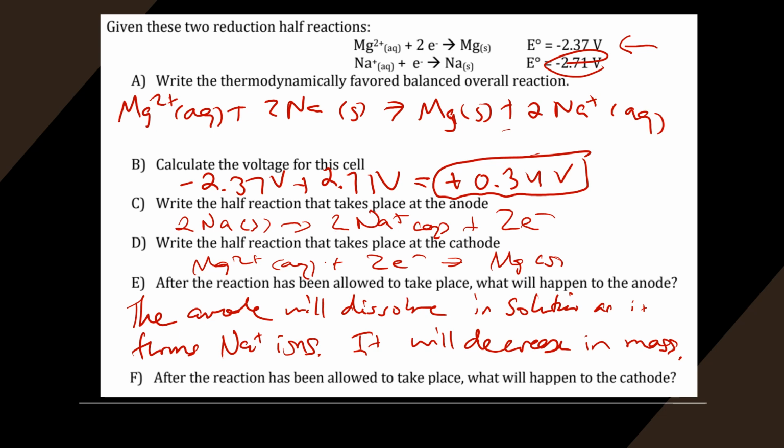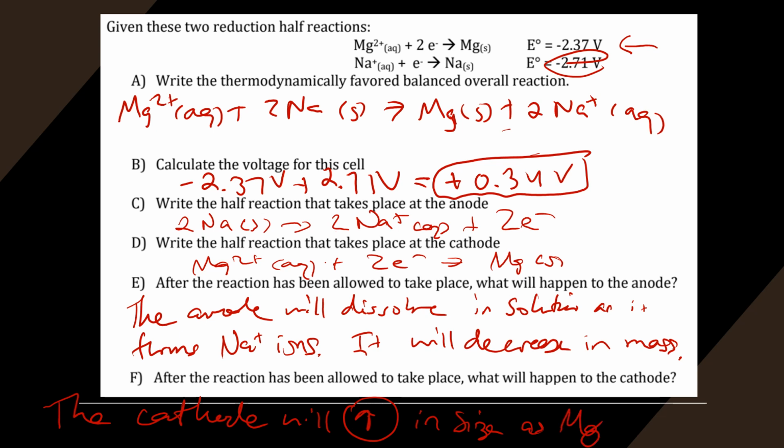According to this reaction, at the cathode reduction we form magnesium solid. So the cathode will increase in size as magnesium metal forms. It will increase in mass.